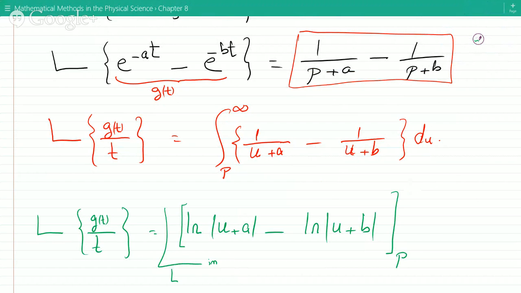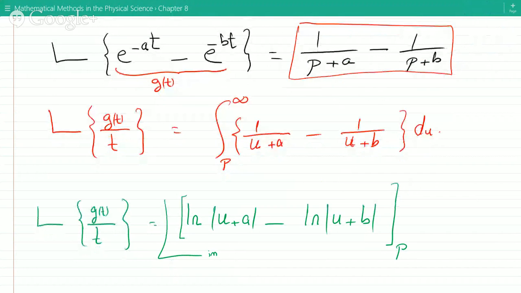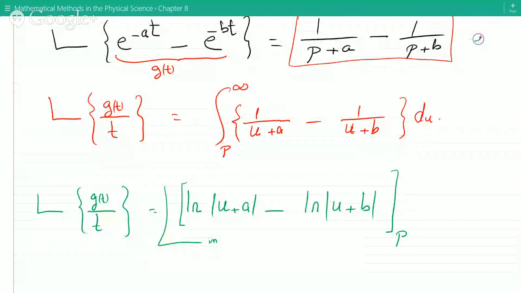Let's use some different letter than t because t is reserved. Let's use q, as q goes to infinity.